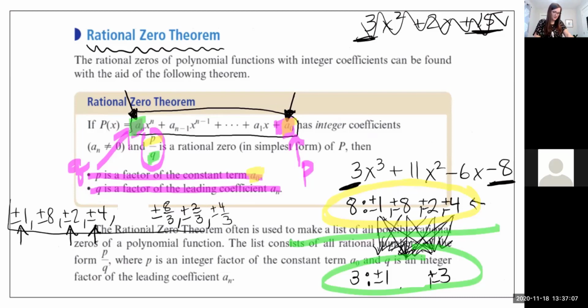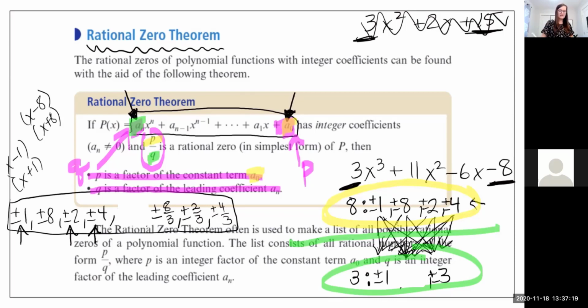So these are all the possible rational zeros, which means that x minus 1 could be a factor, x plus 1 could be a factor, x minus 8 could be a factor, x plus 8 could be a factor. So yeah, there's still a lot, but it's not like an unlimited number of things that you're testing. So now, knowing this, I can go back and I can test.